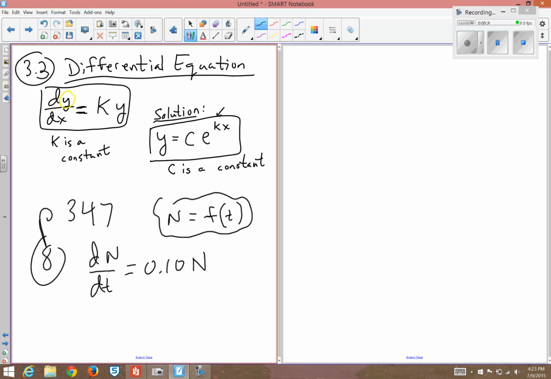So, using what's here, n, which is the numerator's letter, equals c, some constant we have defined, times e, a special number, approximately 2.7, raised to the k, which is the number next to the n over here.